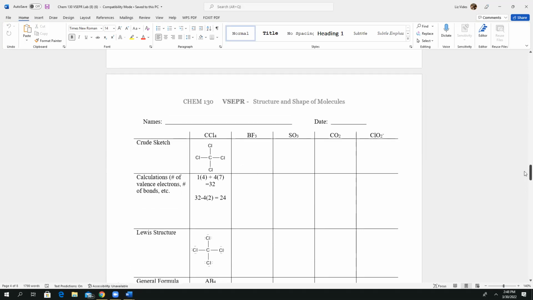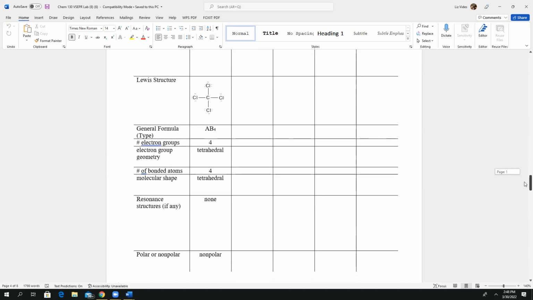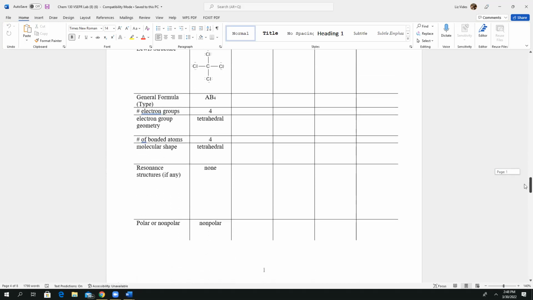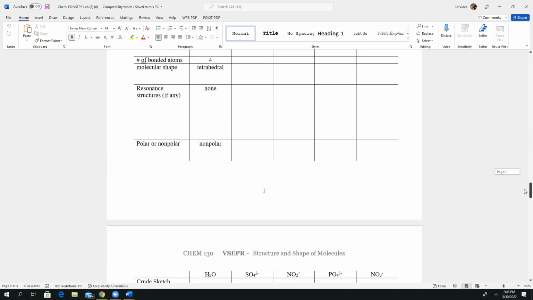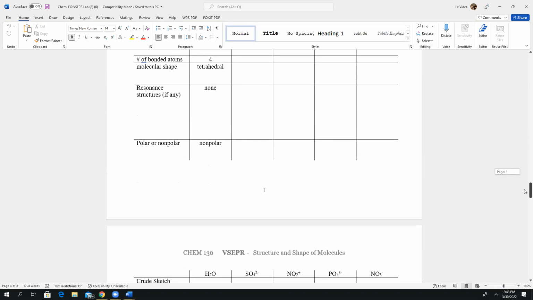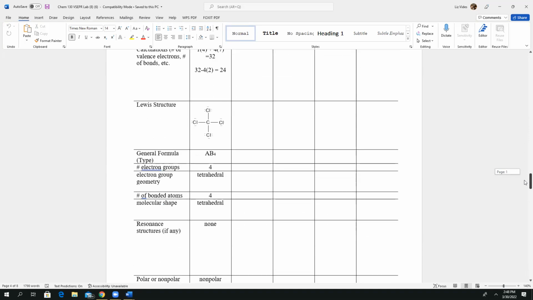If you look at it, there is an AB4, the electron groups are 4, the electron geometry is tetrahedral, number of bonded atoms is 4, molecular shape is tetrahedral. Resonance structures, there aren't any, and I am missing the bond angle.